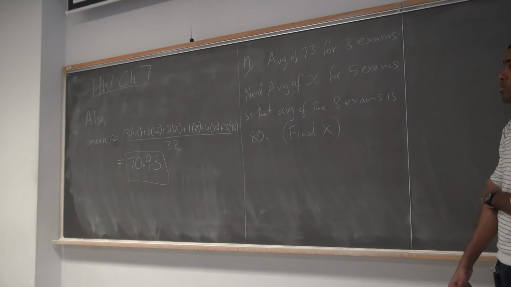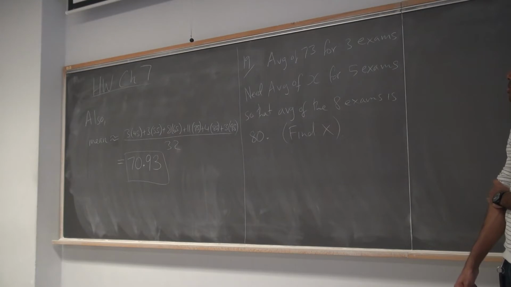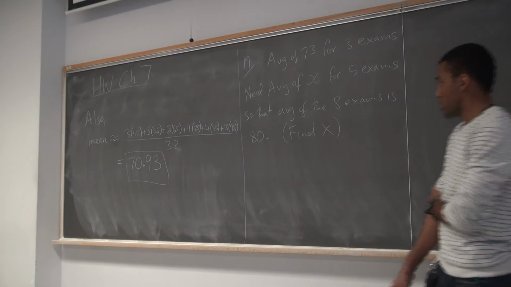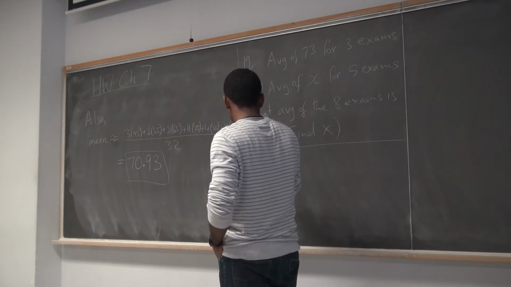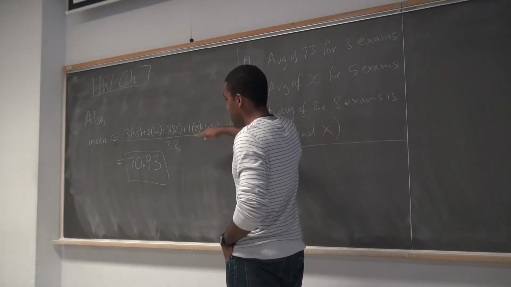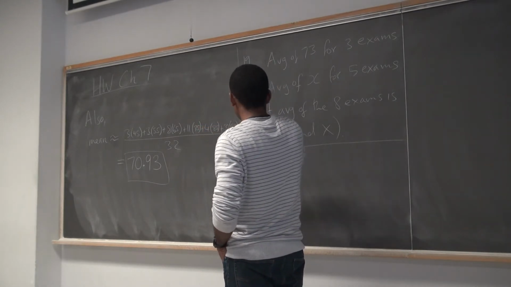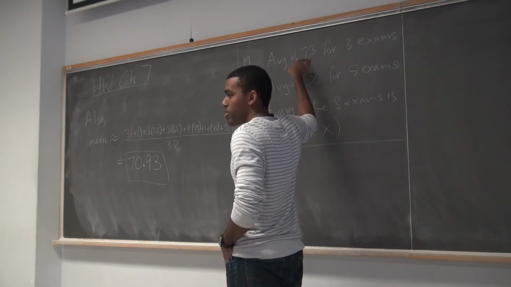Yeah. So you multiply 8 by 80, and subtract 73 times 3 from that. And that would give you how much you need to have in total for the last 5 exams, right? And then you divide that by 5. Right. So put in other words, the idea is, again, taking our cues from the estimation thing, pretty much assume that every grade is the average grade.